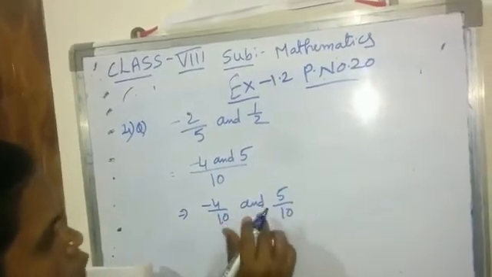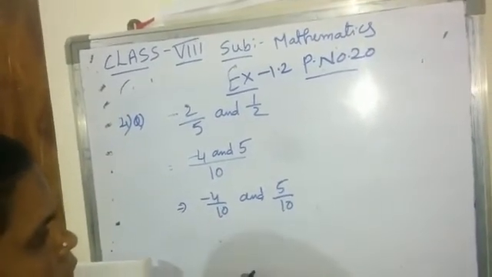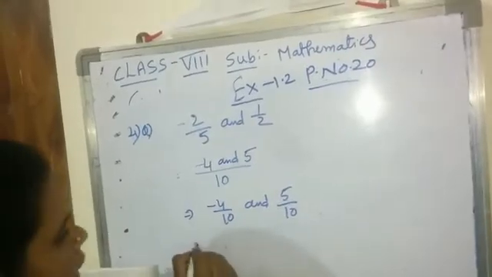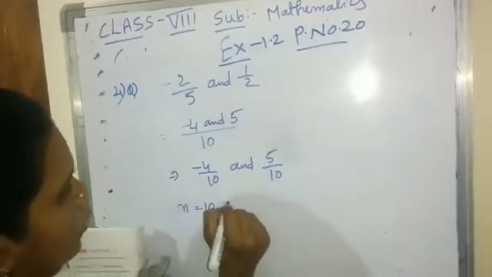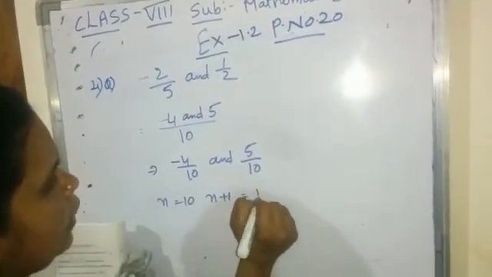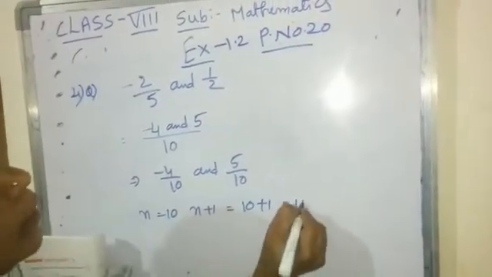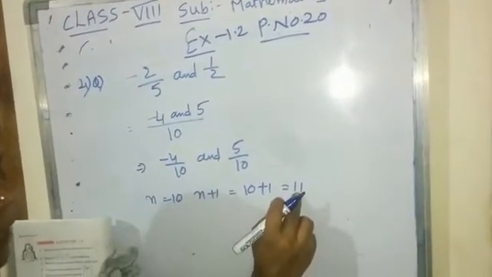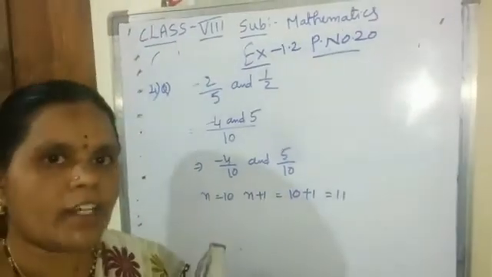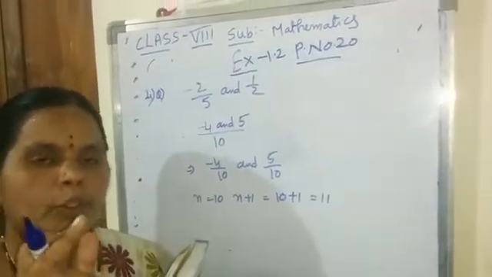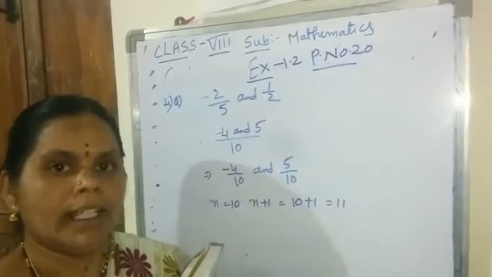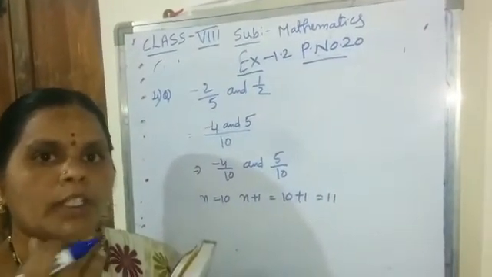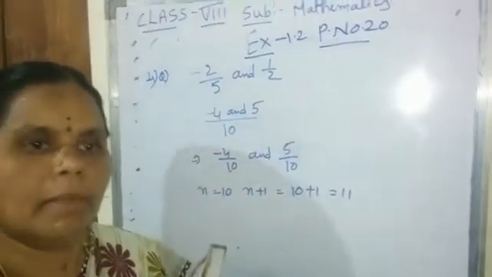Here we can write only 7 rational numbers between these two, but the question is asking for 10. So n is equal to 10, and n plus 1 is equal to 11. Both numerator and denominator are multiplied by 11. If the question asks for 10 rational numbers, multiply by 11; if it asks for 11, multiply by 12; if 2, then 3; if 4, then 5.